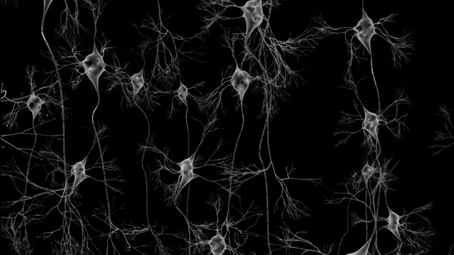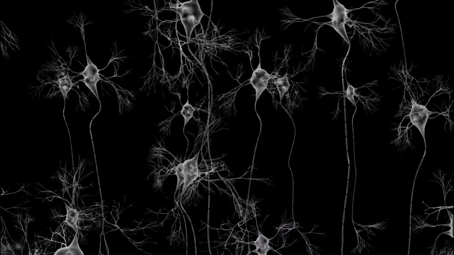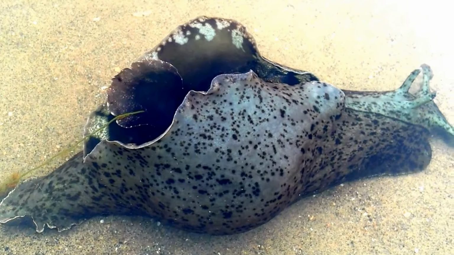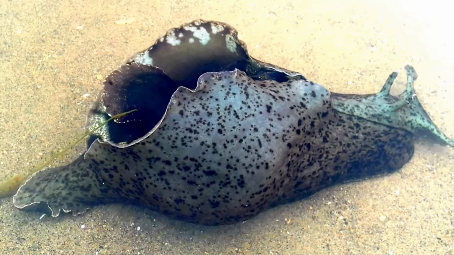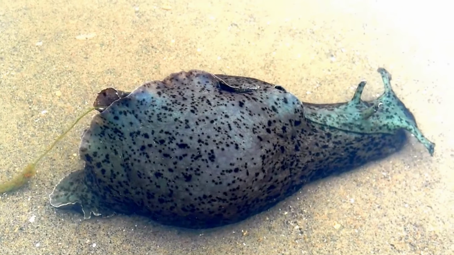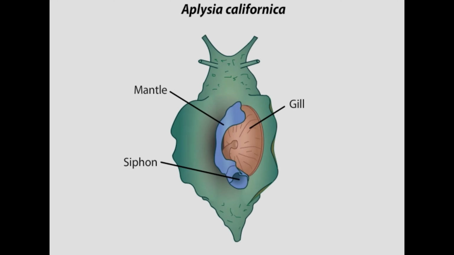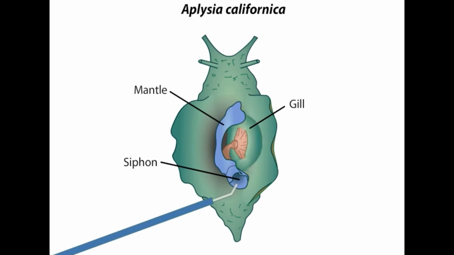Now let's take a look at two specific examples of invertebrate and vertebrate plasticity pathways. The earliest and most intensively studied invertebrate in terms of learning-related synaptic plasticity is aplysia, a kind of sea slug. Researchers examined the process of non-associative learning in aplysia's gill withdrawal reflex.